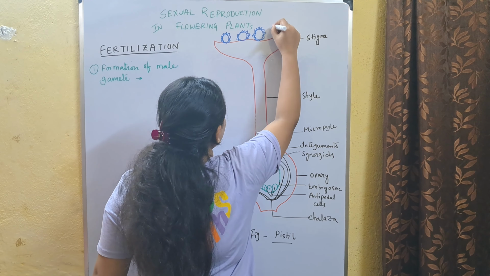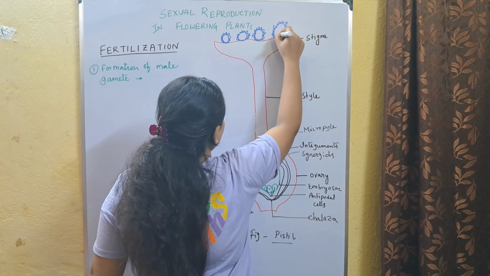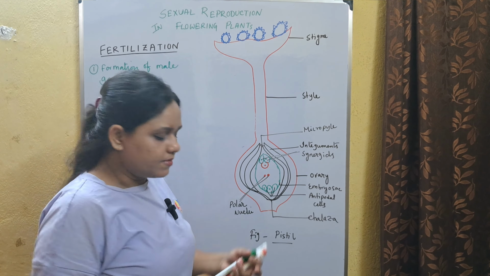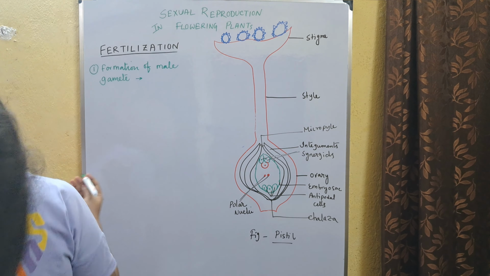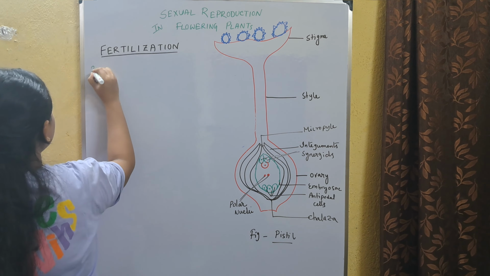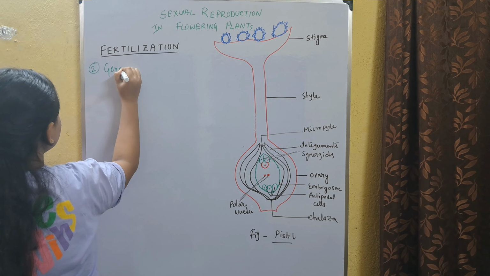Pollen grains have a sculptured exine, that's why I'm drawing it like that. These pollen grains have fallen on the stigma. Next phase is germination of pollen grain.